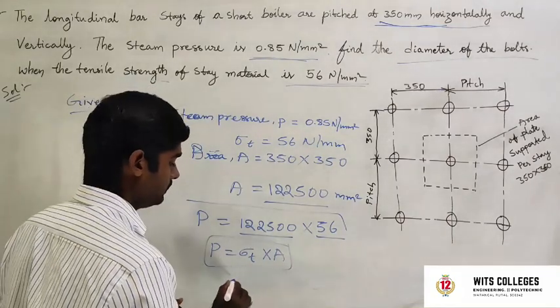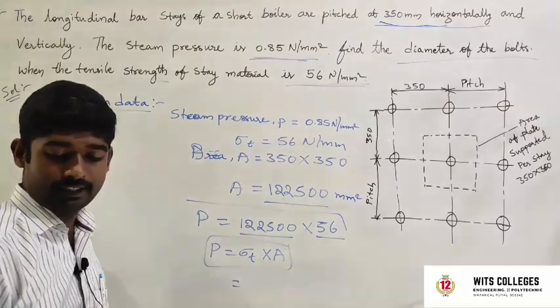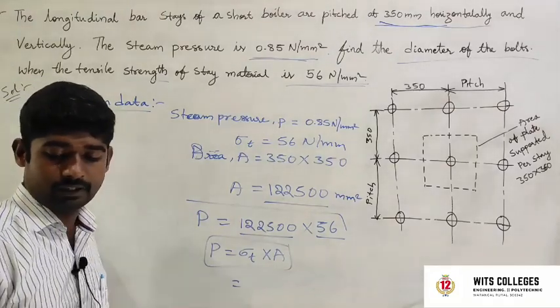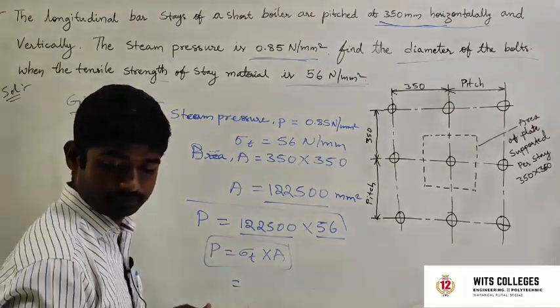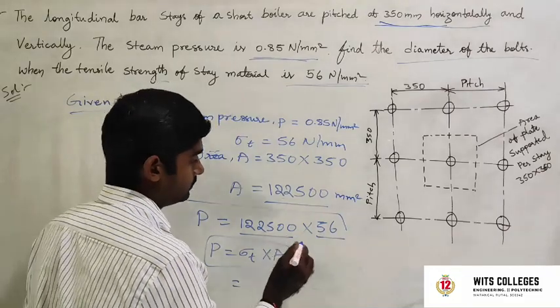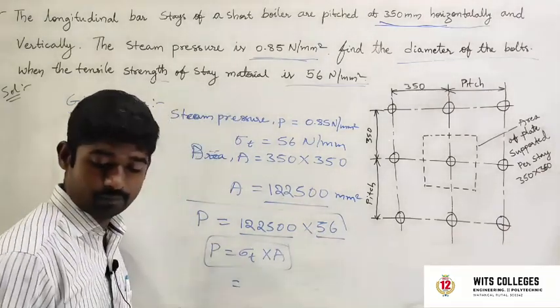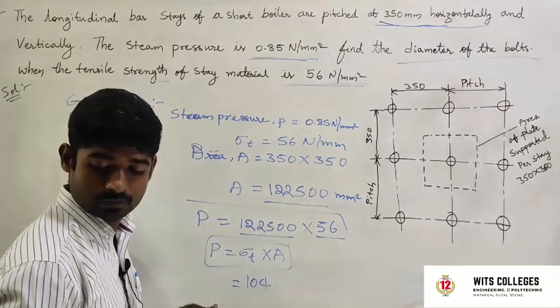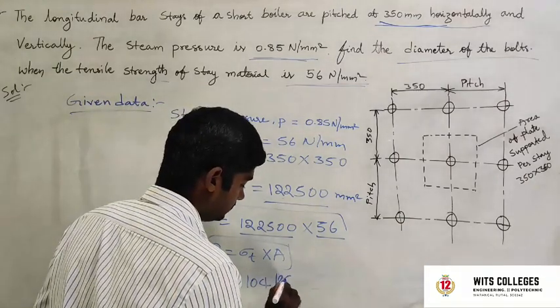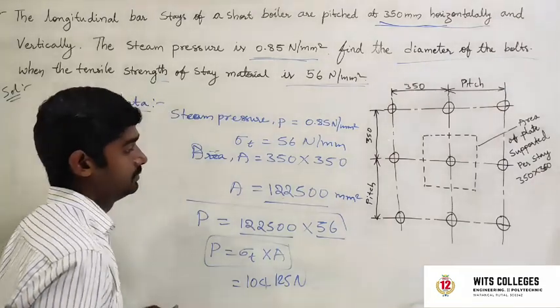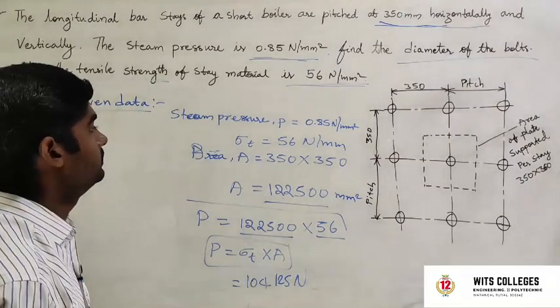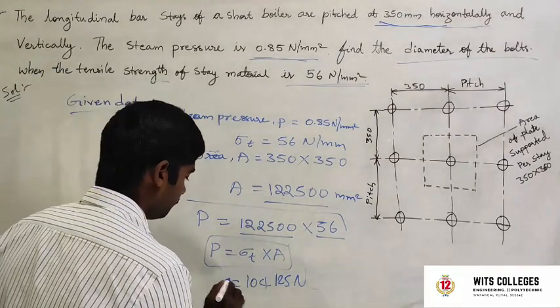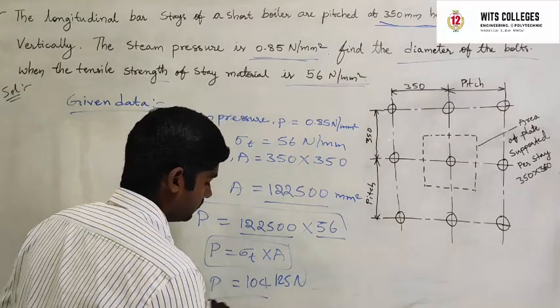Find out this one. P load is equal to approximately 104,125 newtons.